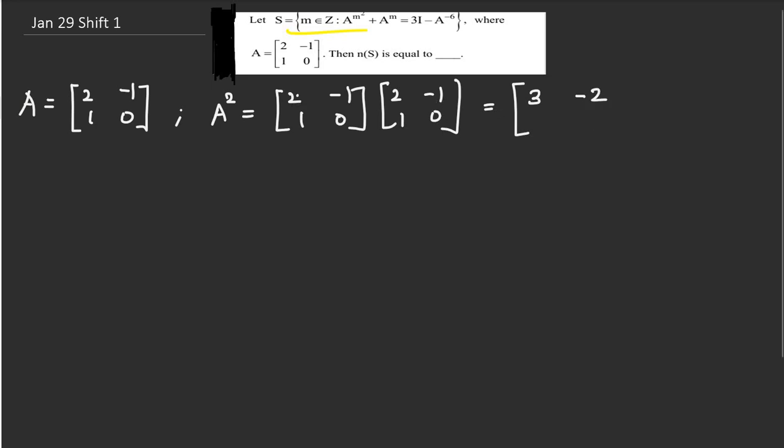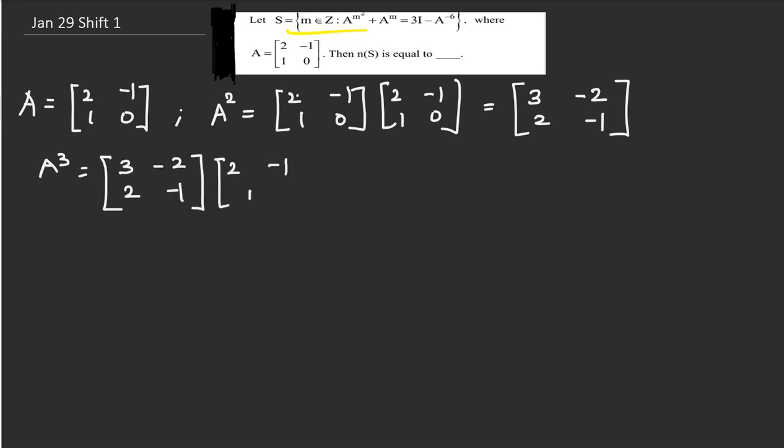Second row first column we get 2, and second row second column minus 1. Next, A cube is equal to A square into A, so 3, minus 2, 2, minus 1 into the A matrix 2, minus 1, 1, 0. First row first column we get the elements 4, minus 3, 3 and minus 2.